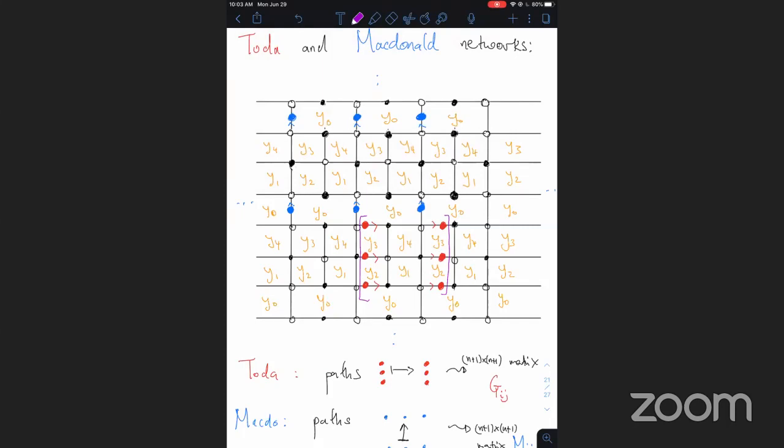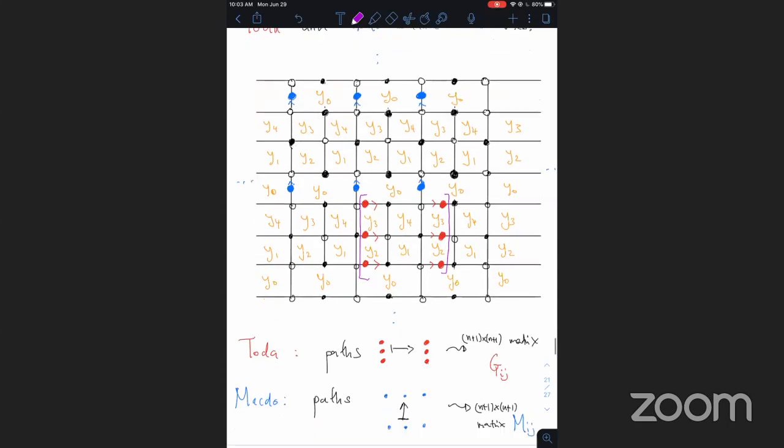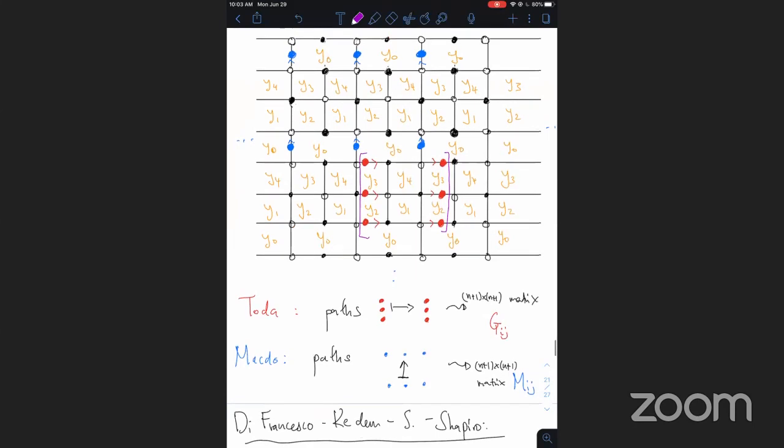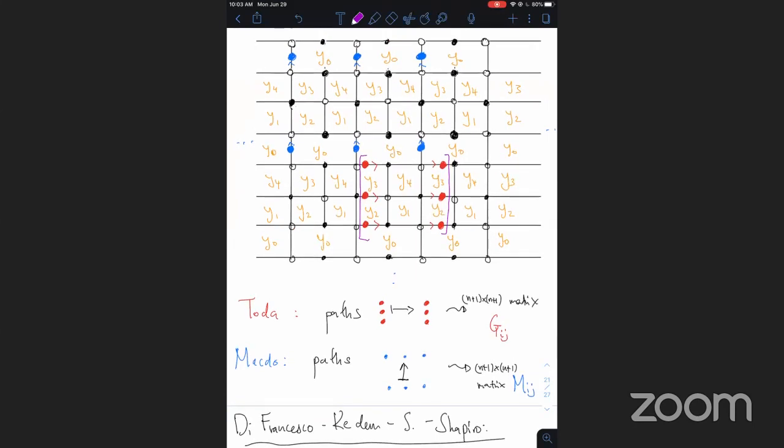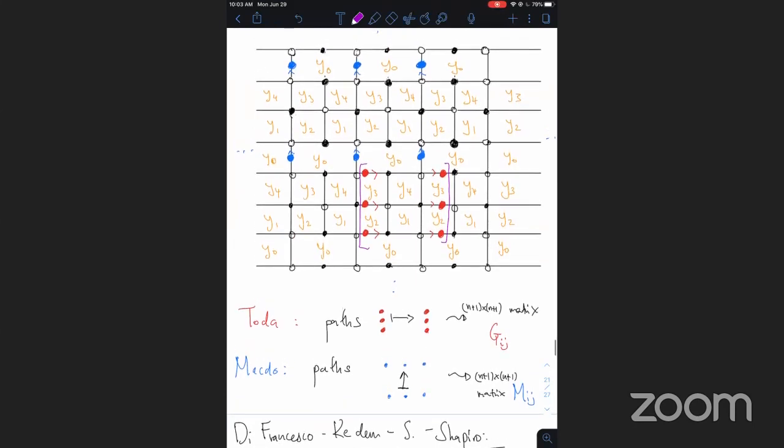So if we count paths from the 3 red sources to the 3 red sinks, we'll get an n+1 by n+1 matrix, in general for GL n+1, and traces of that matrix in various representations will recover the Toda Hamiltonians.